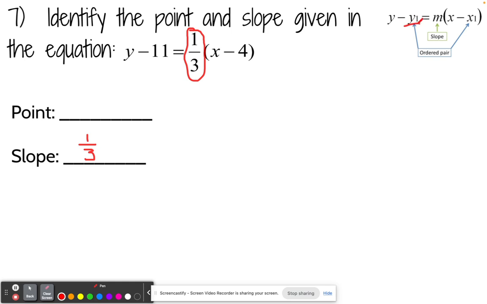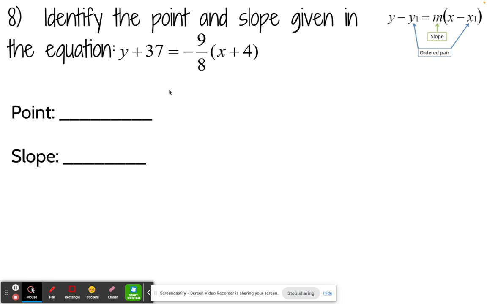This is one of my points, y1. It is a minus here, so y minus my y coordinate. So my y coordinate is 11. And x minus my x coordinate is 4. So that wasn't so bad.